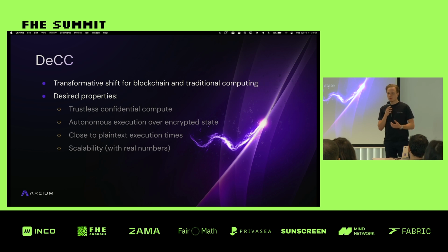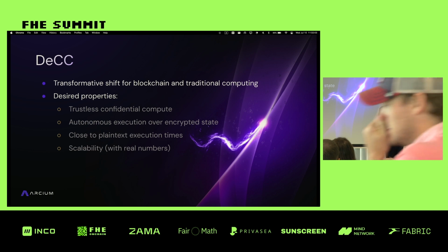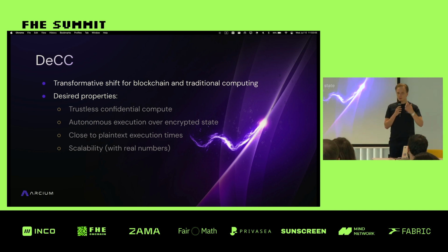So we want the ability for data in use to be protected. We want the ability to have data in an encrypted, protected state and still be able to process this data, right? And we want to be able to do that in an autonomous way. We want that to be outsourceable to whatever structure, be it a network or whatever makes sense. And we want to get as close as possible to plain text execution times.